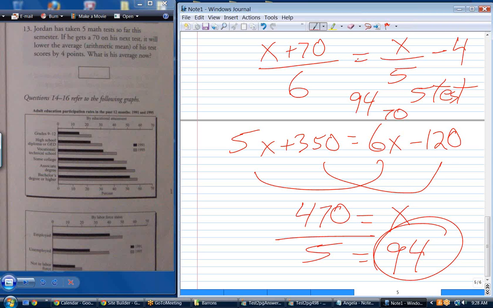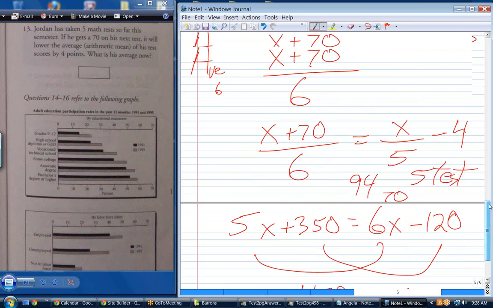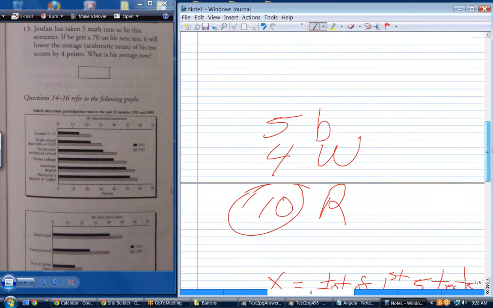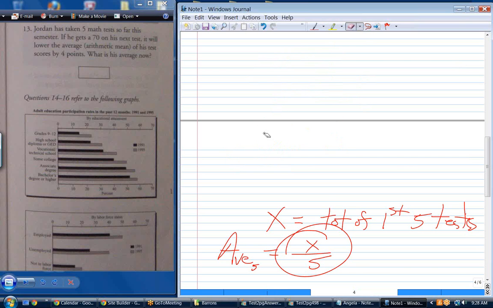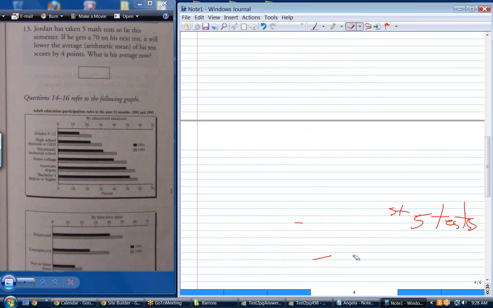And in fact, if you really were stuck on this problem and you had lots of time and weren't able to formulate it, you could do some approximation and guessing. You could start off by saying, we know that if it lowers his score by 4, it must have been about 20 points less than his average.